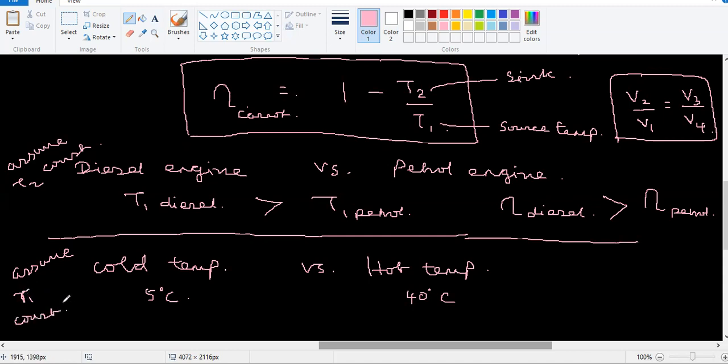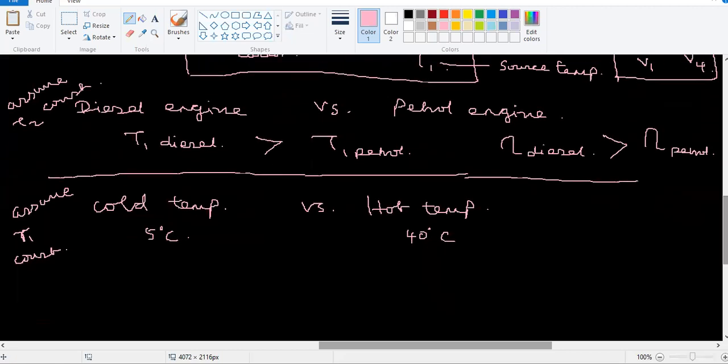If you have all this good understanding, it will be useful for you. So when the temperature is very low here, cold temperature is going to give you a very low value. If this is very low, this value is going to be bigger, because 1 minus this small value will give me a bigger value. So the efficiency of a cold day will be higher than the efficiency of a hot day.